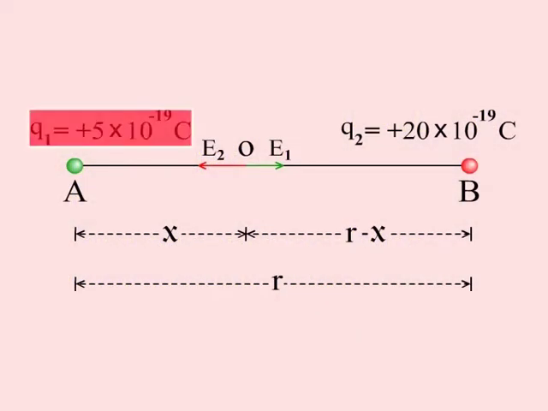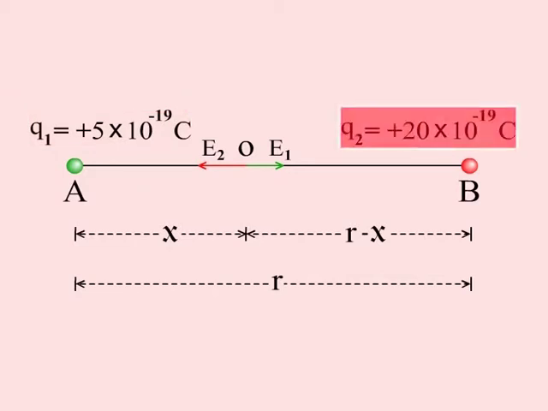Here, Q1 is plus 5 into 10 raised to the power minus 19 coulomb and Q2 is plus 20 into 10 raised to the power minus 19 coulomb and separation R is equal to 2 meter.